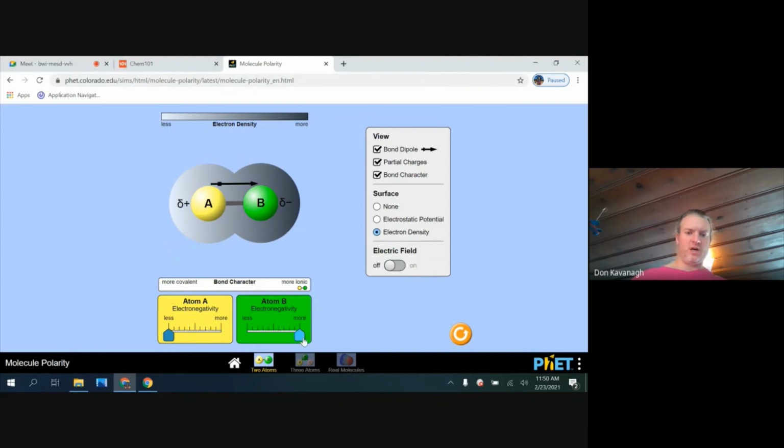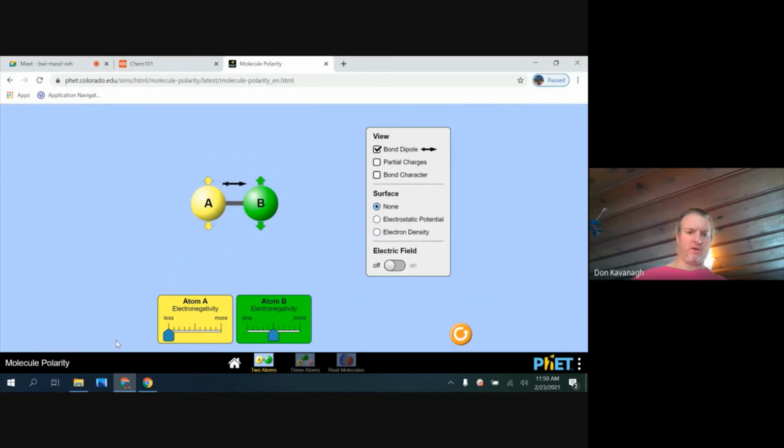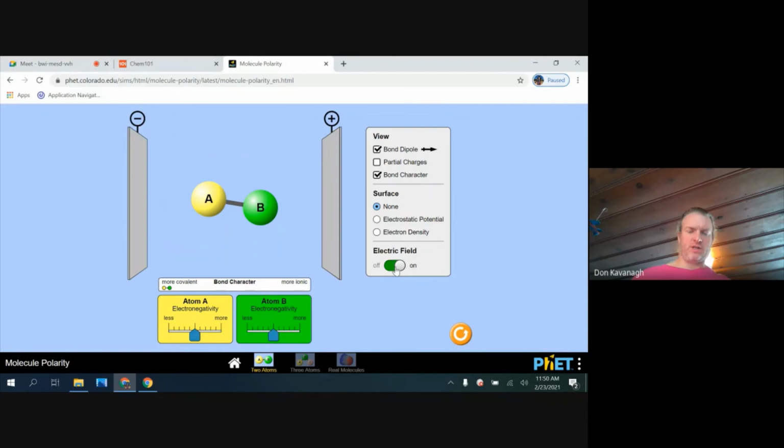Now, the electric field is the last thing I want to show you. I'm going to make these both very similar, and turn on the electric field.